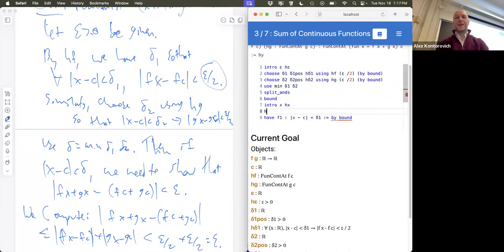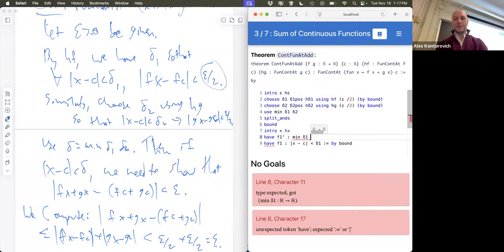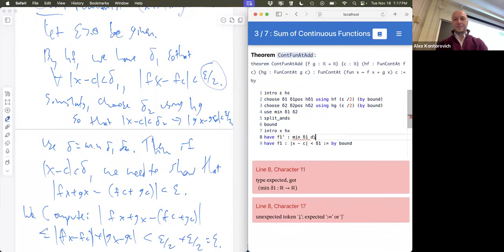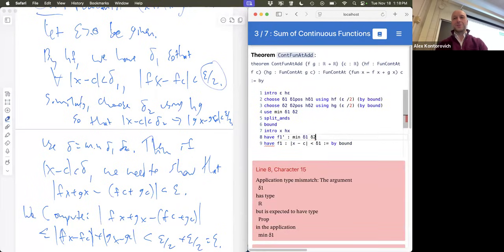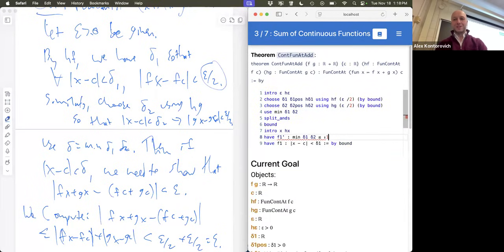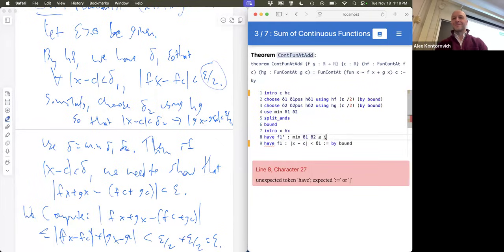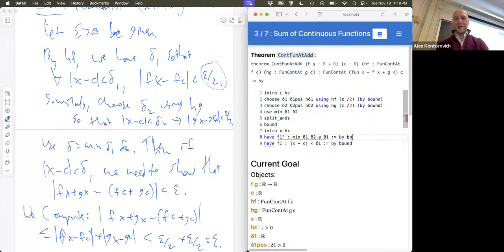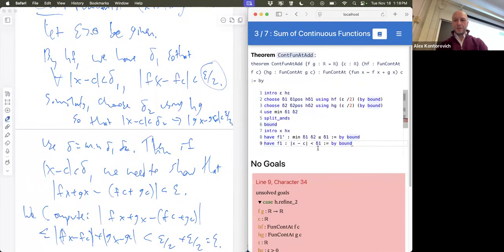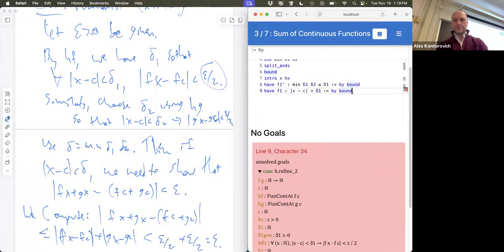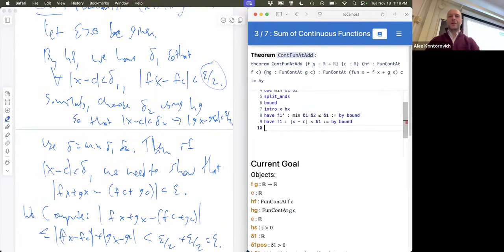No. Okay. Have f1 prime is that min delta 1 delta 2 is less than or equal to delta 1 by bound. And then it won't do it. It did work. Okay, good.